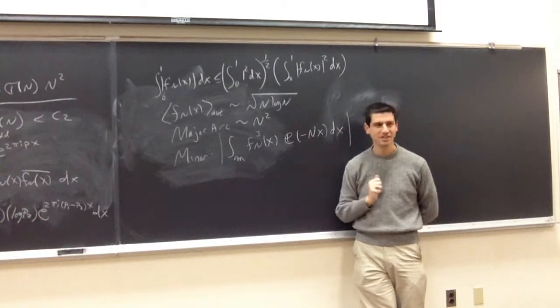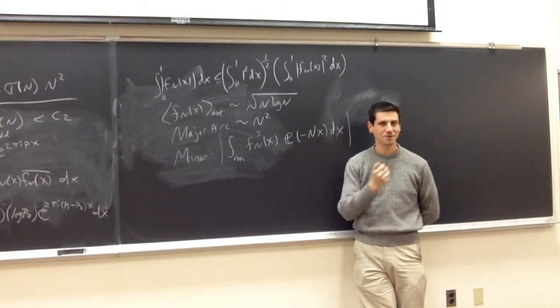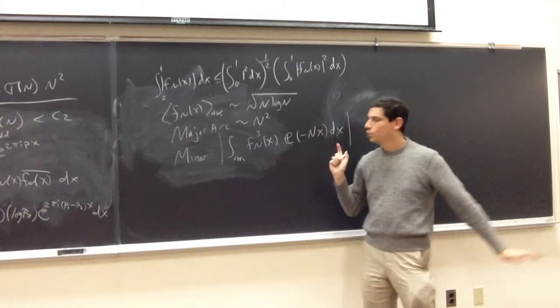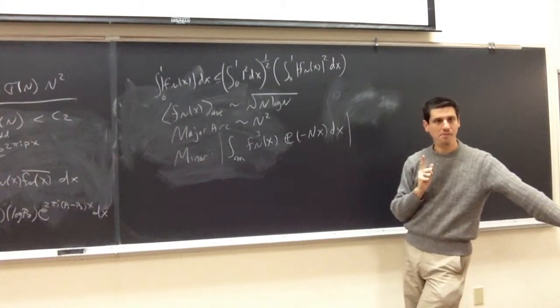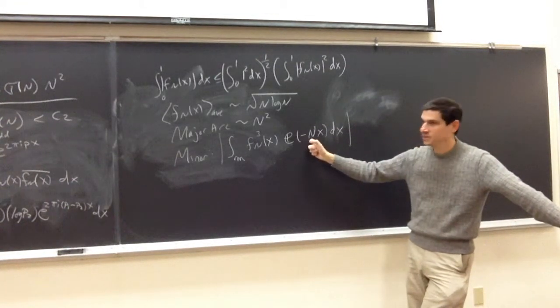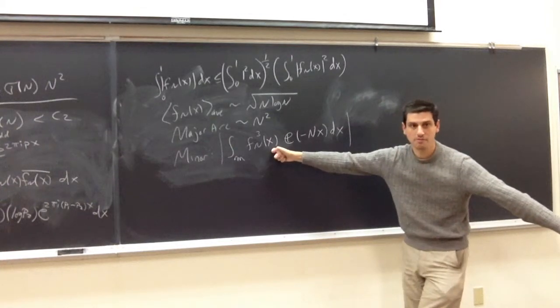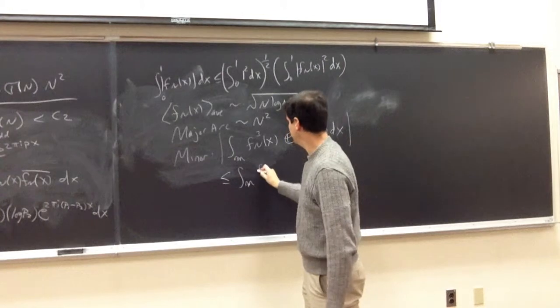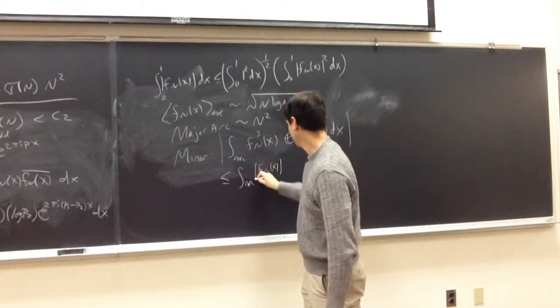Why is this such a bad idea, to put the absolute value inside the integral? We lose a lot of the cancellation. Okay, be a little bit stronger than that: we lose all cancellation. Well, which cancellation do we lose? We lose the cancellation from here. We don't lose the cancellation from here. So if we put the absolute value inside, it's not the worst possible thing we could do.